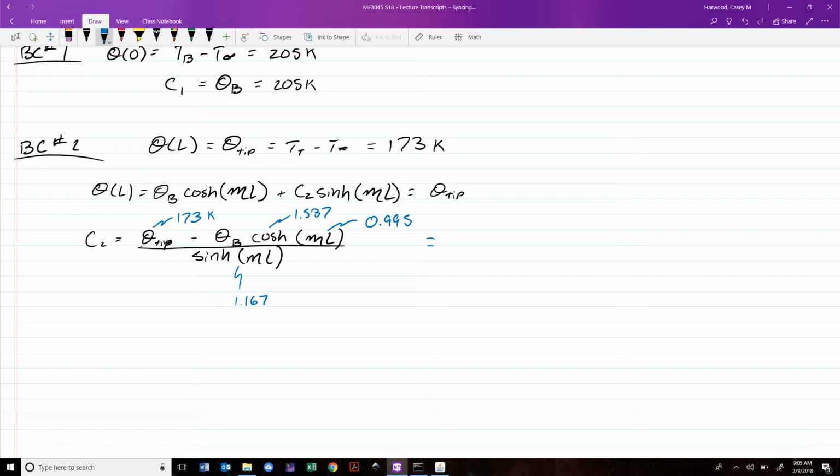And then theta b is equal to 205 Kelvin, right?